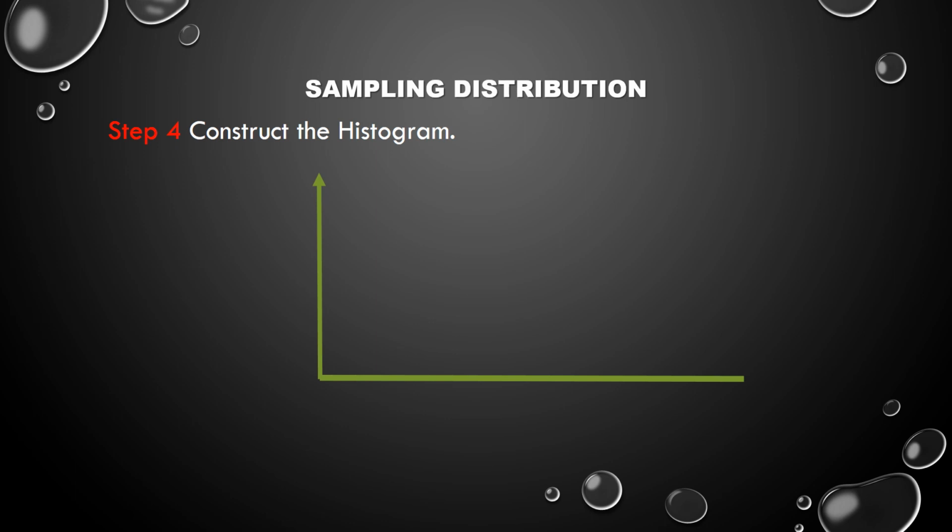Now our sample mean, we will be placing that in our horizontal axis, and this is now your symbol. So our sample mean ranges from 89, we have 90, we have 91, 92, 93, 94, and we still have 95. Sorry, I'll be extending this one.